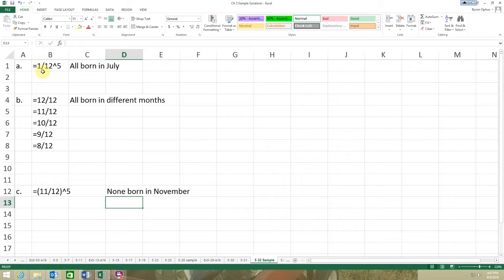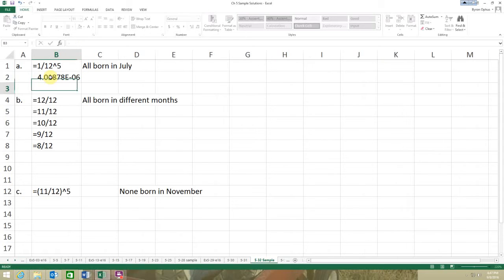And so for the answer, you want the probability that all of them were born in July, so you go back to your rule of multiplication and say that's 1/12 times 1/12 times 1/12 times 1/12 times 1/12, or 1 divided by 12 to the 5th power. We could just say this is equal to 1 divided by 12 to the 5th power.